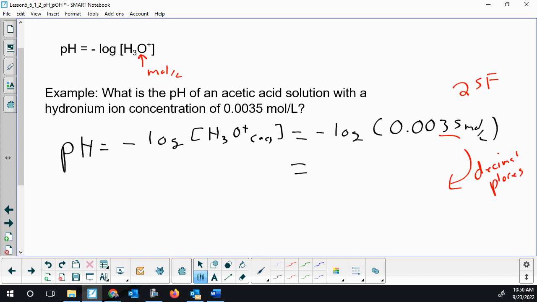So we have 2 sig figs, so we're going to have 2 decimal places in our answer. The first digit that shows up in my calculator is a 2, but that's not when I'm going to start counting. 2, 4, so that's my first significant digit, and then I have to round the second to a 6. So 2 sig figs, 2 decimals.